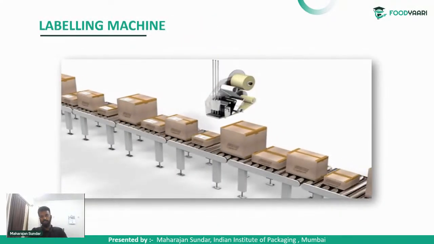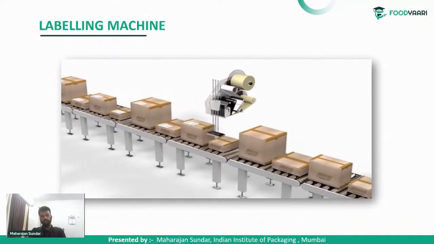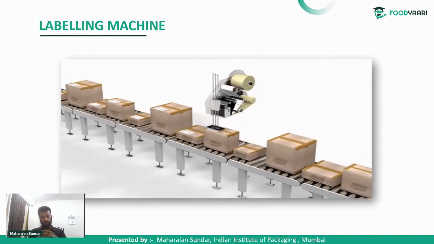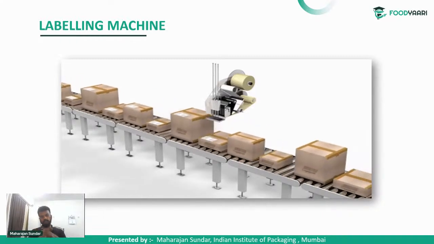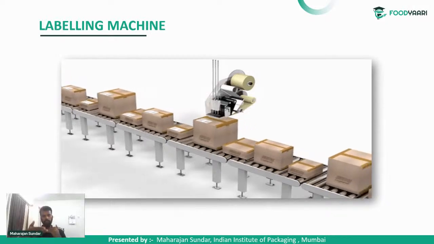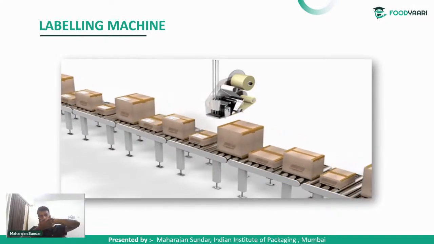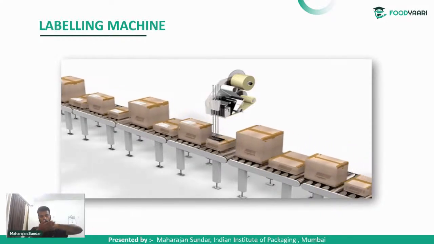Then the labeling machine, which is more advanced here, as visible. It is completely packed. It can be used for different products as well. For example, if it is glue applied, the label material will be coming from one side, and on the way there will be a rotary cylinder with glue on it.